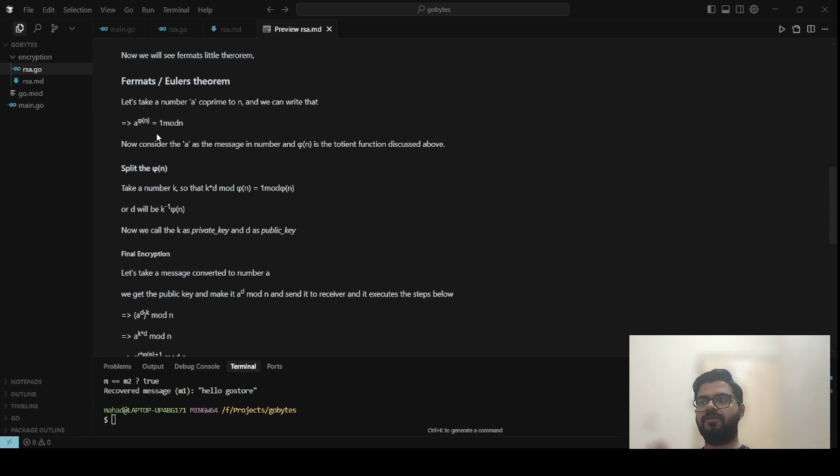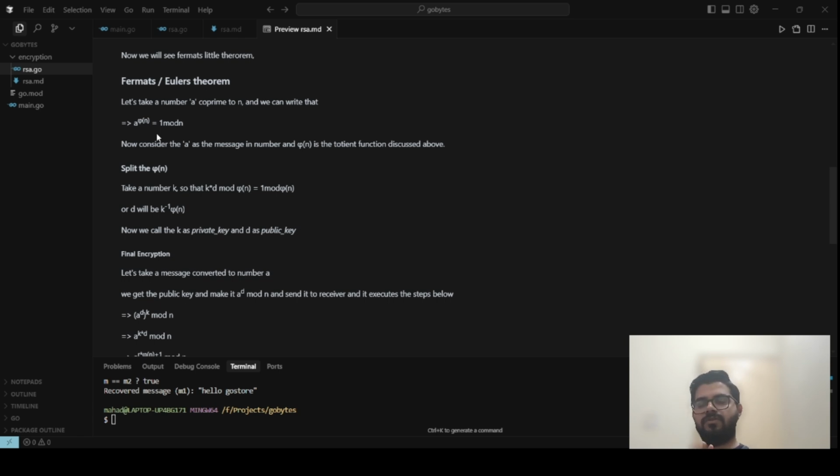If we have a to the power phi of n plus 1 mod n, it will be equal to a mod n. So what we want is a to the power phi of n times a to the power phi of n plus one mod n, actually.